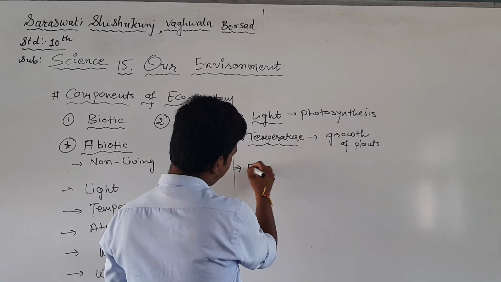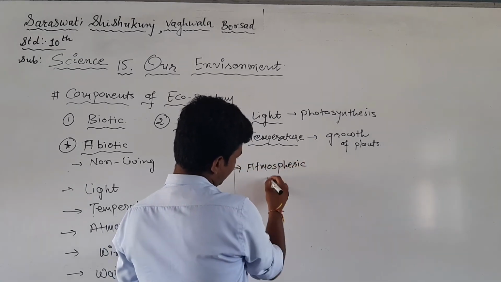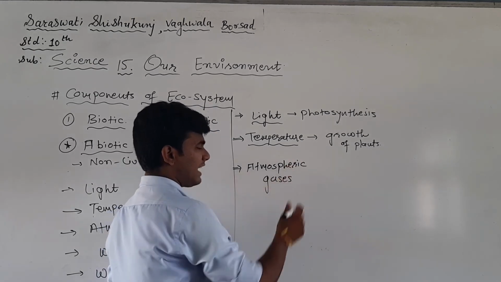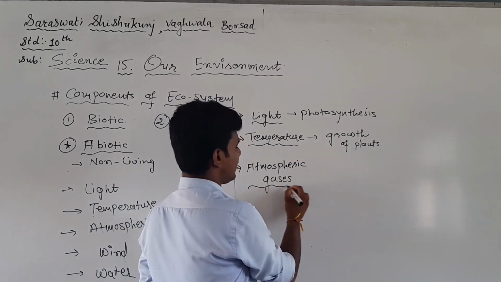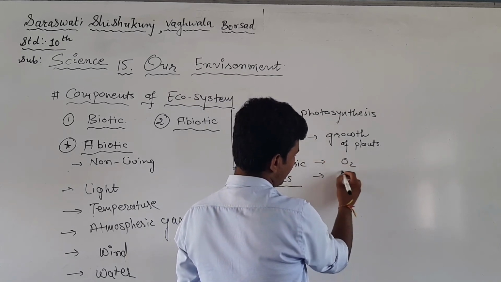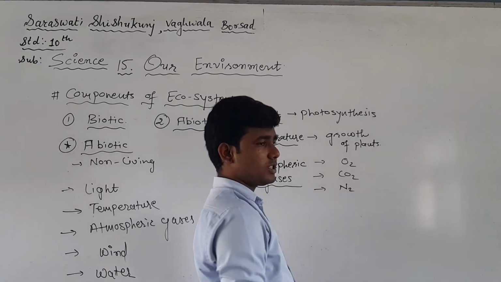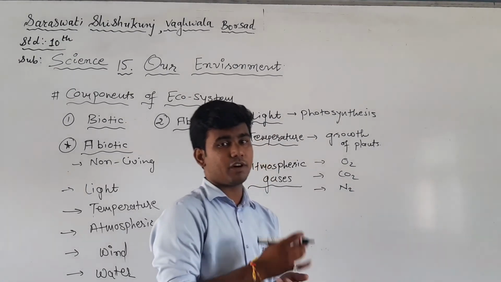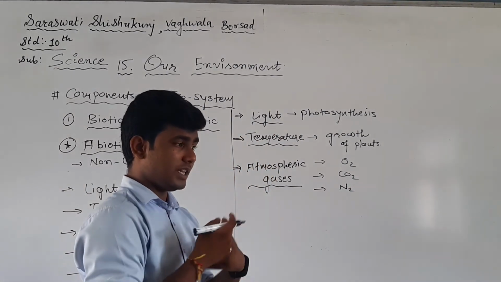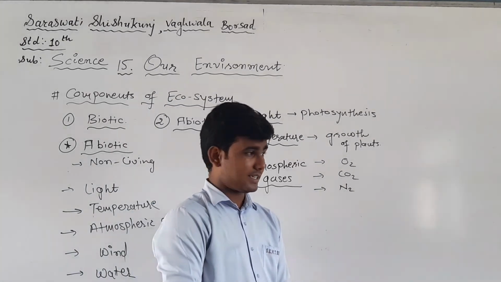After that we will have atmospheric gases. As we all know, there are many gases in our atmosphere, but some important gases like oxygen, carbon dioxide, and nitrogen are all very important. Oxygen we use for respiratory purposes; for our breathing we take oxygen. Carbon dioxide is also related to our breathing system.